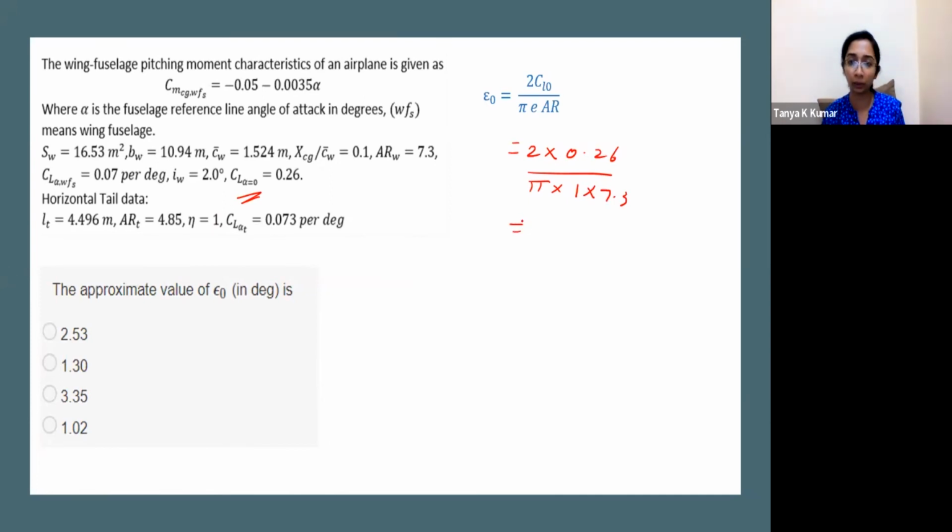So calculate this value. This is 0.022 radian, and convert it to degrees to get 1.3. Okay. This is just a repeat of what sir had done. I just think we should go over it.